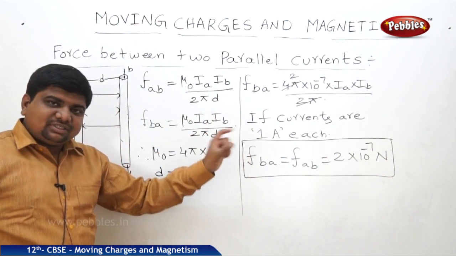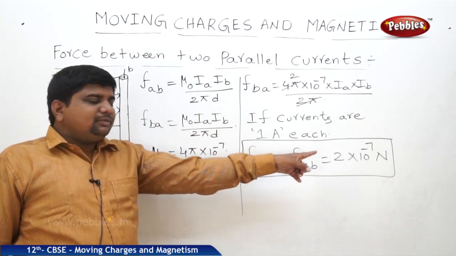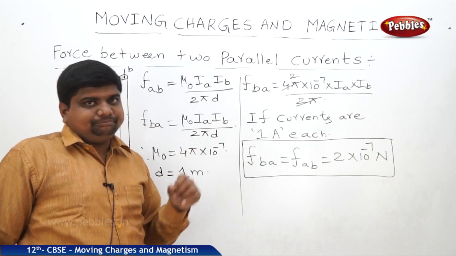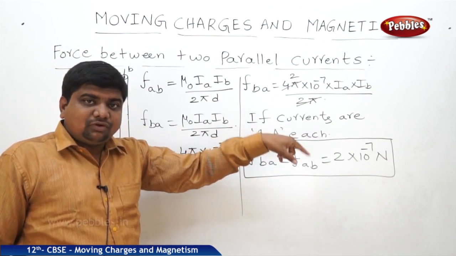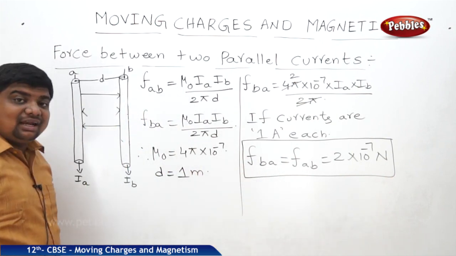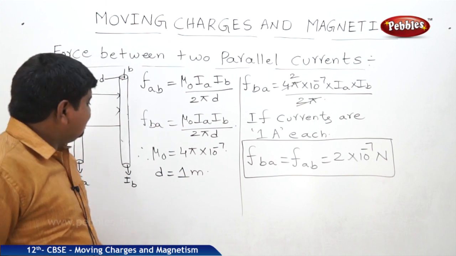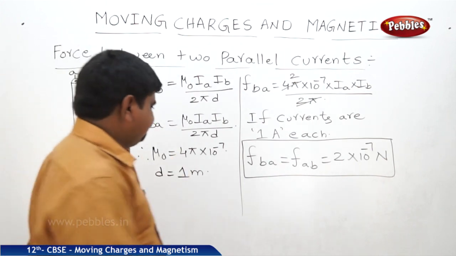From this we can understand the derivation of the ampere also. If 2 into 10 to the power of minus 7 newtons of force is developed between two parallel conductors, then the current passing through the conductors is called 1 ampere.